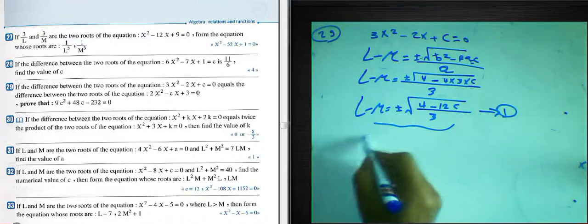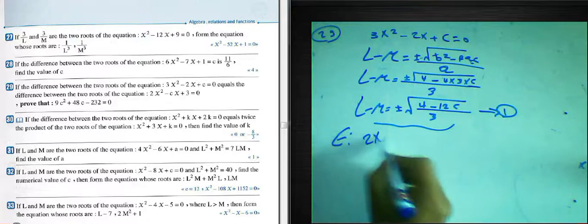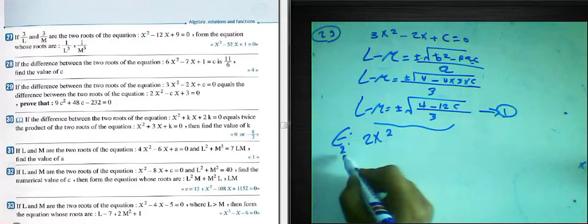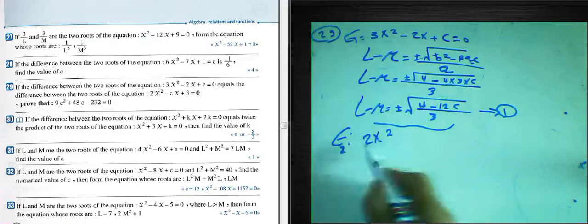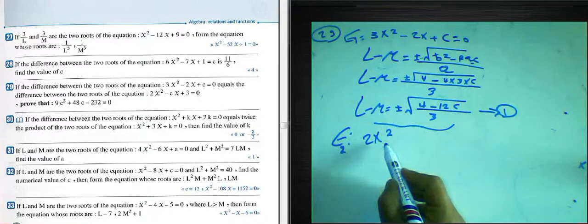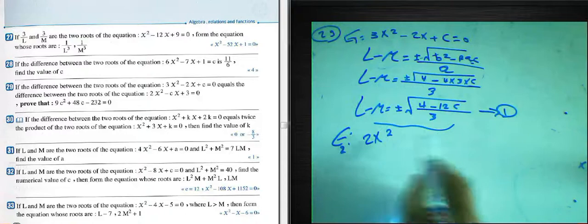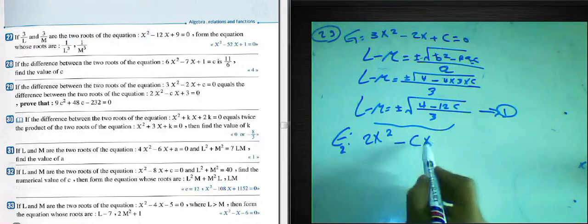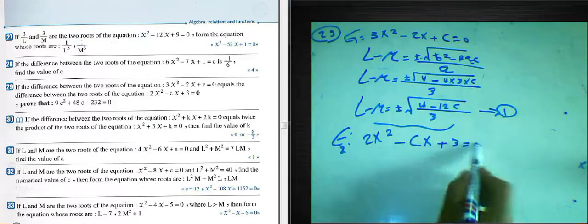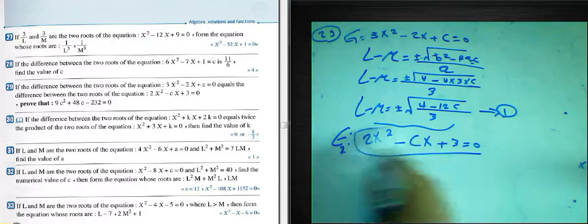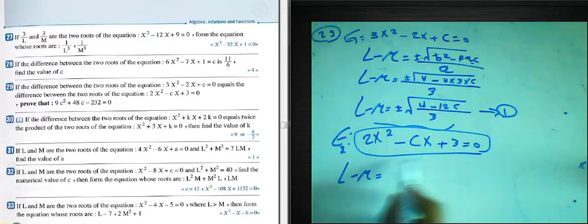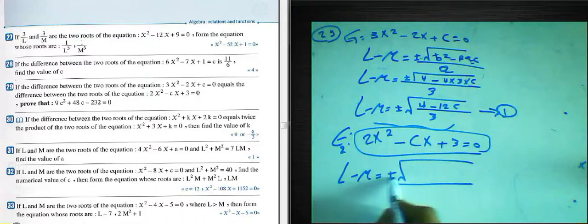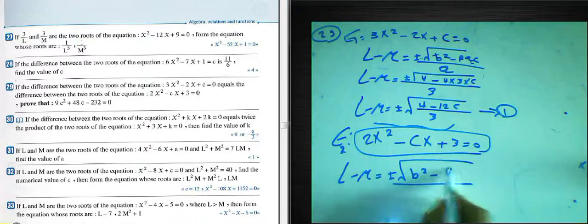It was equation 1; equation 2 is 2x squared subtract cx plus 3 equals 0. Okay, L minus M here equals positive or negative root of b squared subtract 4ac over a.